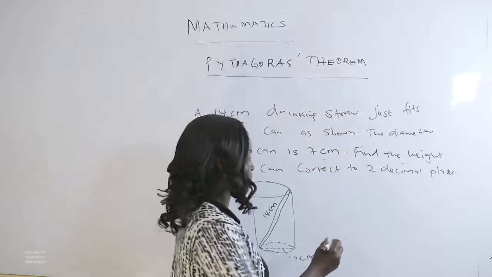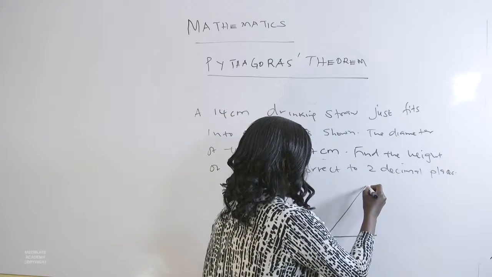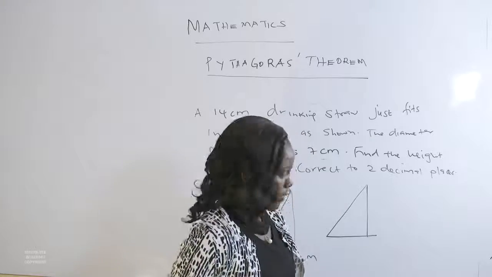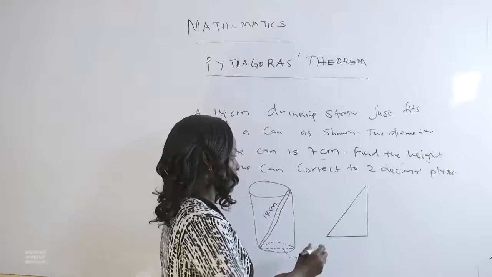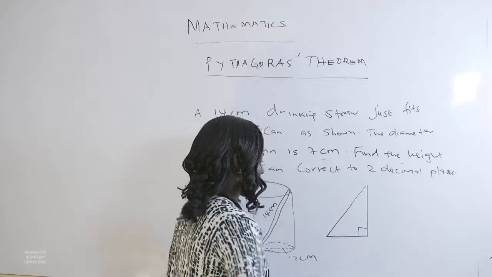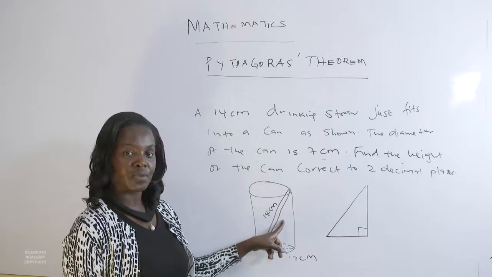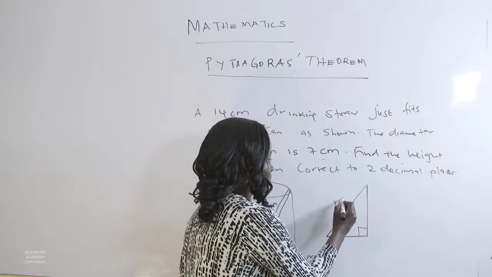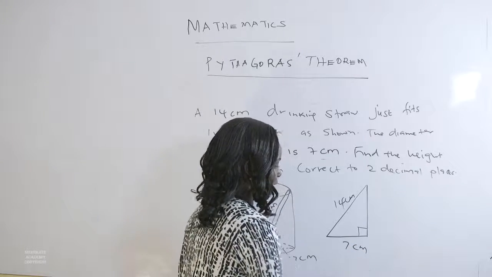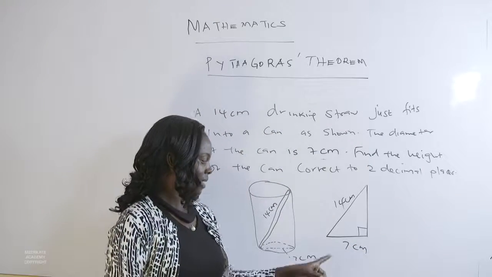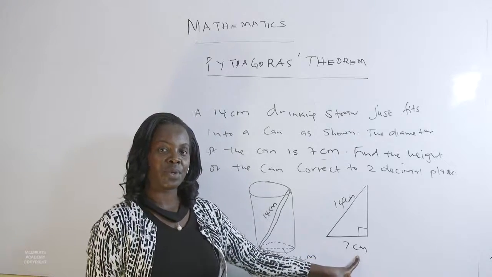So we can see that the straw is 14 centimeters, the hypotenuse. It is 7 centimeters in diameter, which forms the other shorter side.